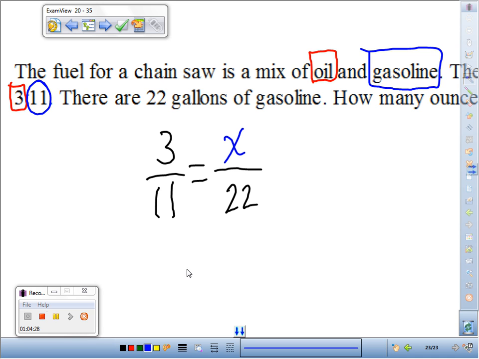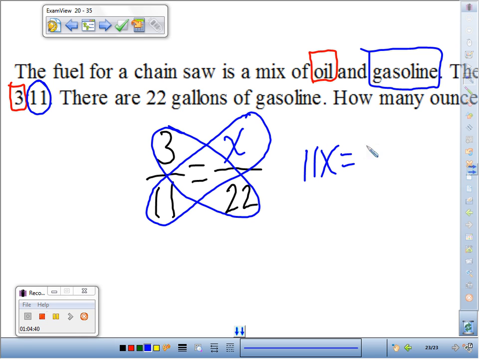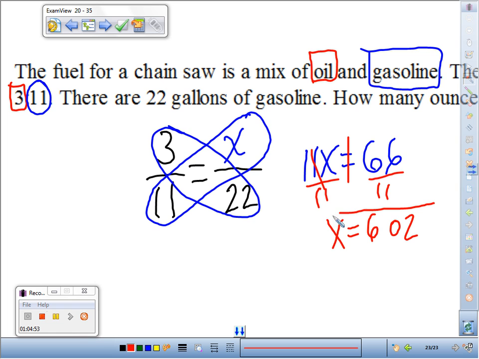And who remembers these? Cross multiply, right? X times 11, that's 11x, equals 3 times 22, that's 66. And then we solve for x, which is divide by 11. X equals 6 ounces. That's it.